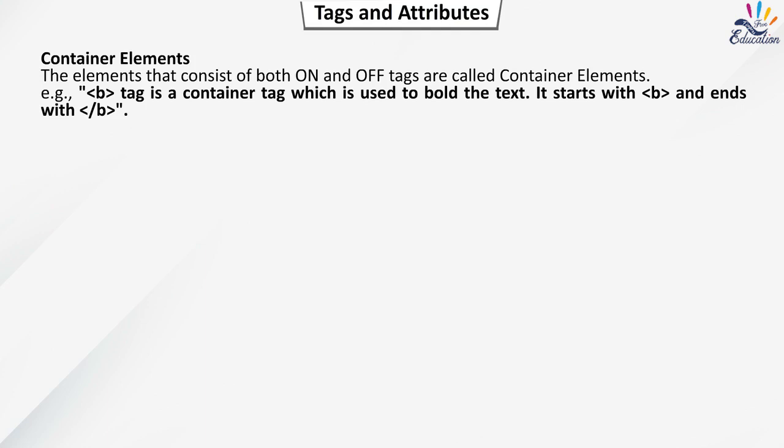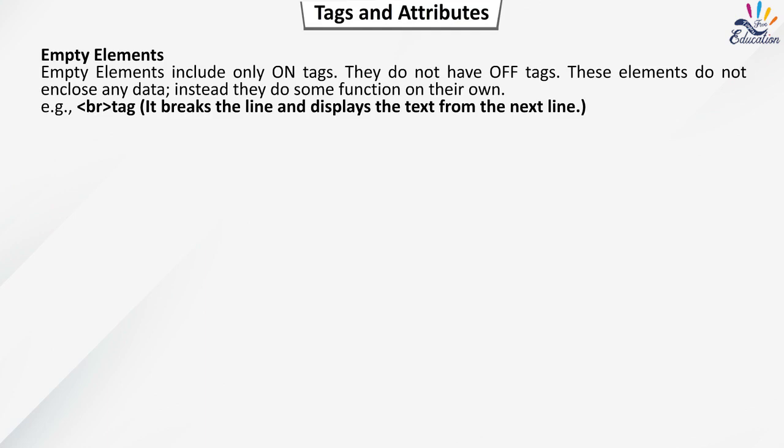It starts with <B> and ends with </B>. Empty elements. Empty elements include only on tags. They do not have off tags. These elements do not enclose any data. Instead, they do some function on their own. Example, the <BR> tag. It breaks the line and displays the text from the next line.